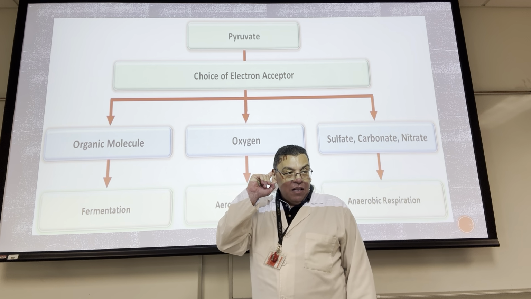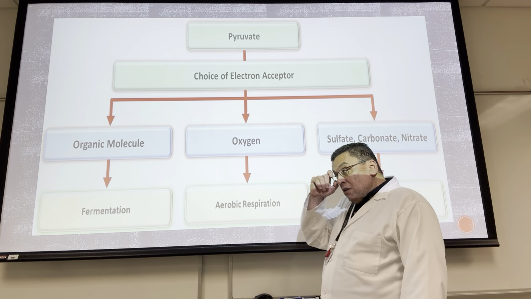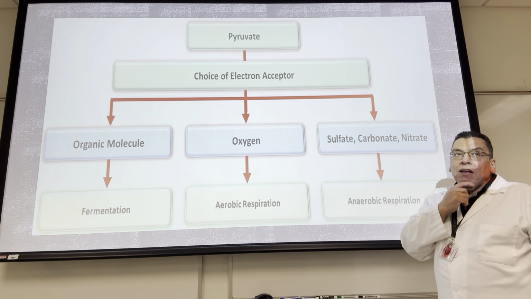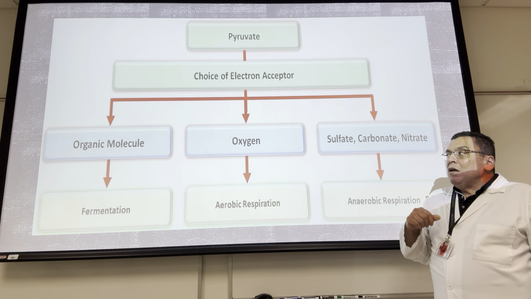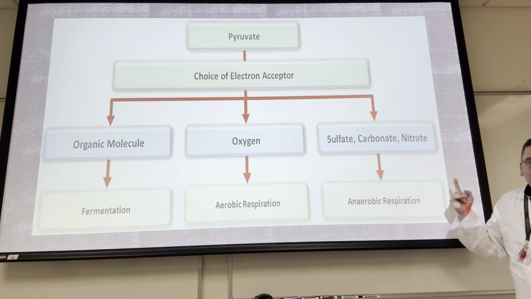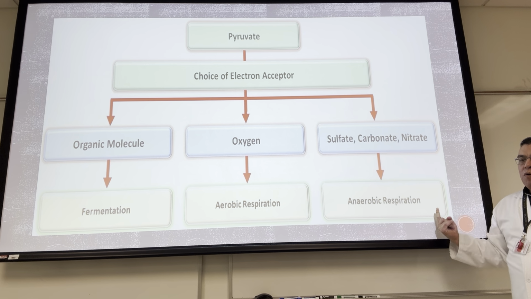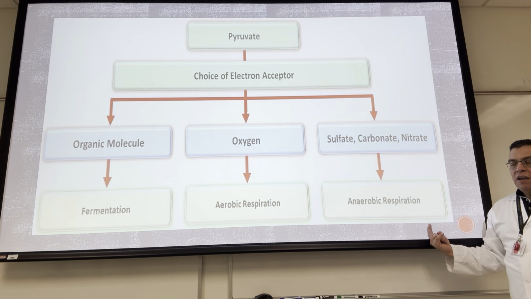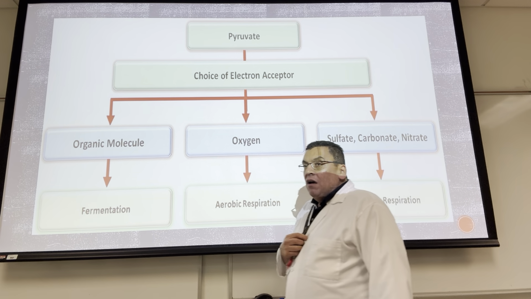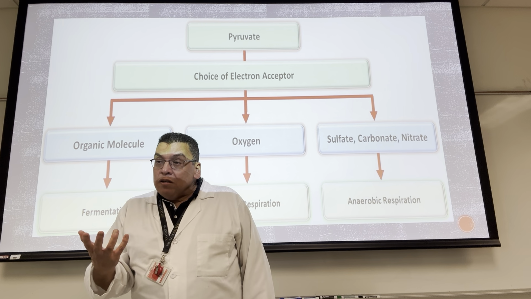Aerobic cellular respiration. That's why this is there as a possible final electron acceptor. What if oxygen is not there? Then it's going to choose one of the three, either sulfate, carbonate, or nitrate. But what will it be doing? Anaerobic cellular respiration.